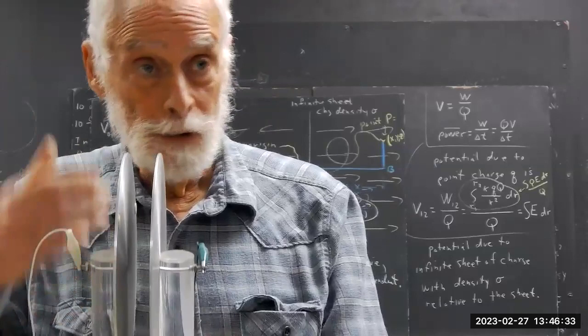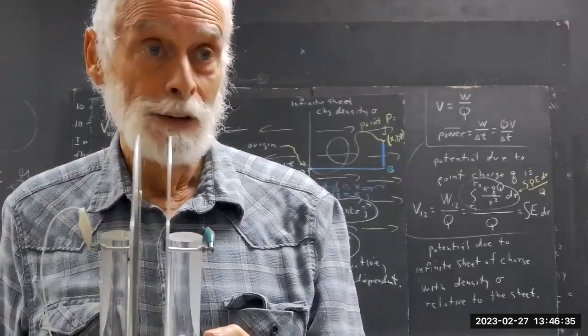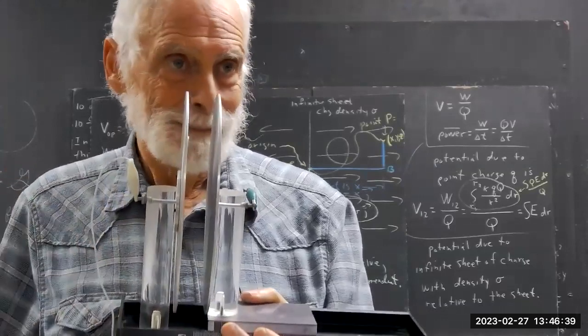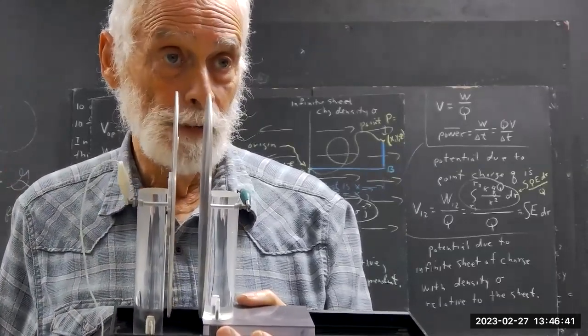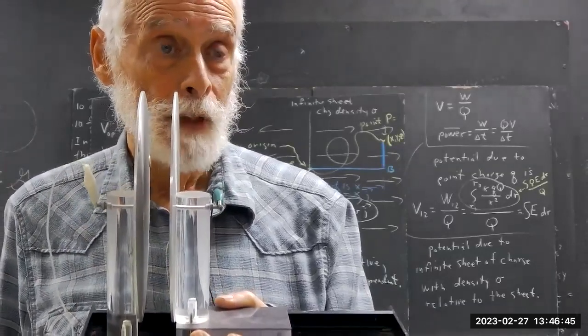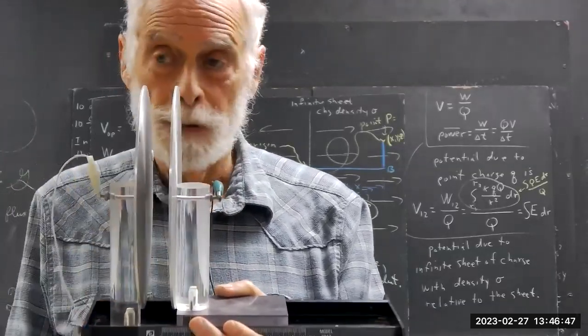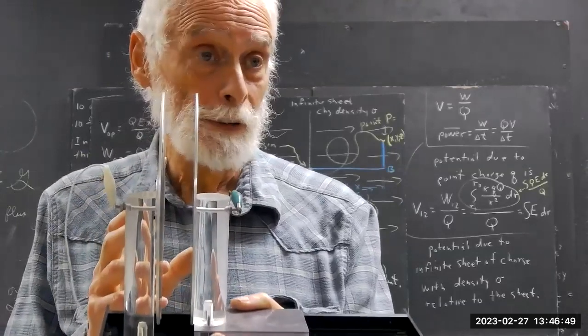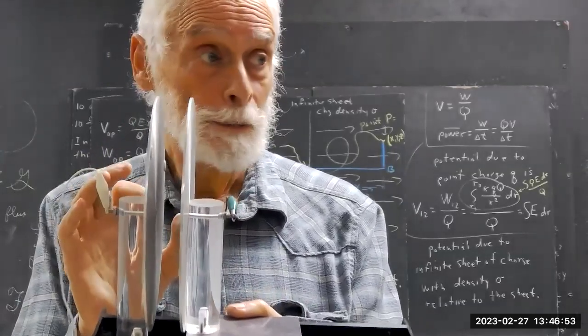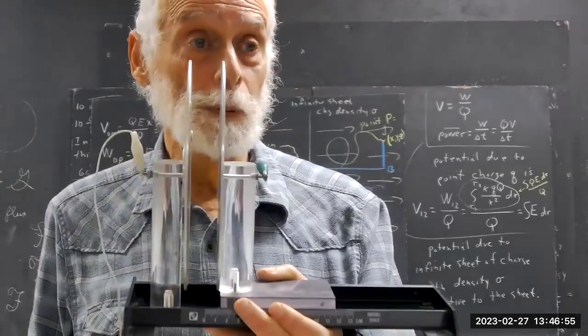You get some edge effects, so it's not totally zero, but at any significant distance from the plates you have essentially no electric field. But between the plates you've got a strong field. The potential difference, the voltage between the plates, is 4 pi k sigma, the field, times the distance between the plates.